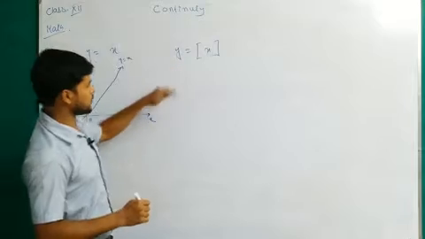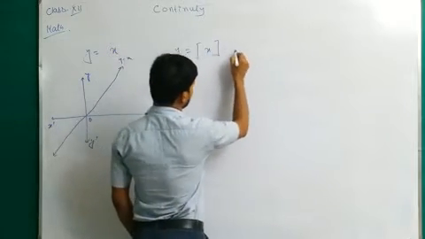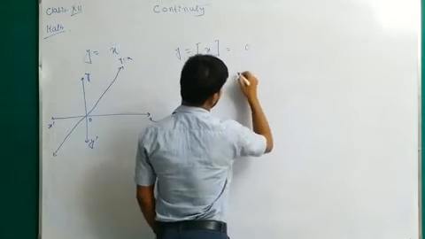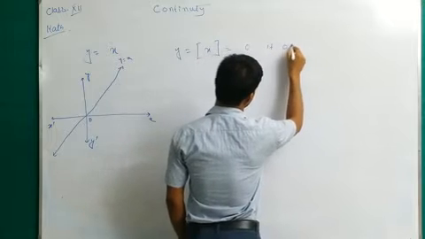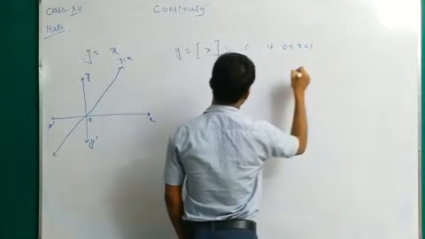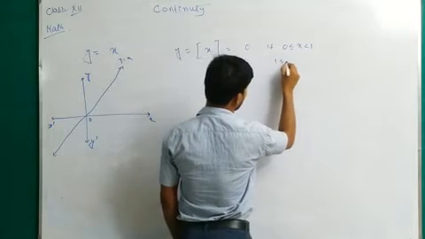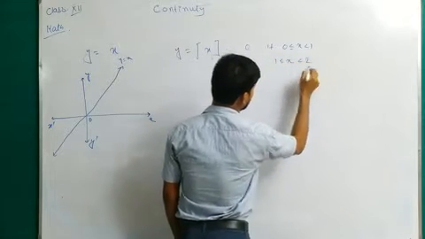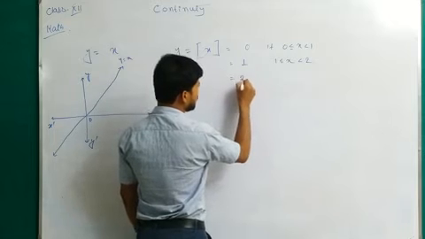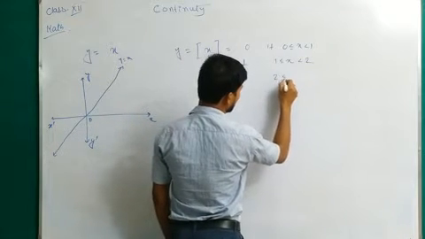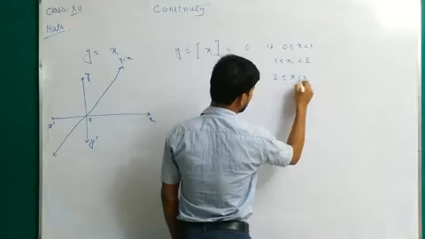Now, what is actually floor of x? We know floor of x equals 0 if 0 is less than or equal to x less than 1. The value is 1 if 1 is less than or equal to x less than 2, equal to 2 when 2 is less than or equal to x less than 3, and so on.